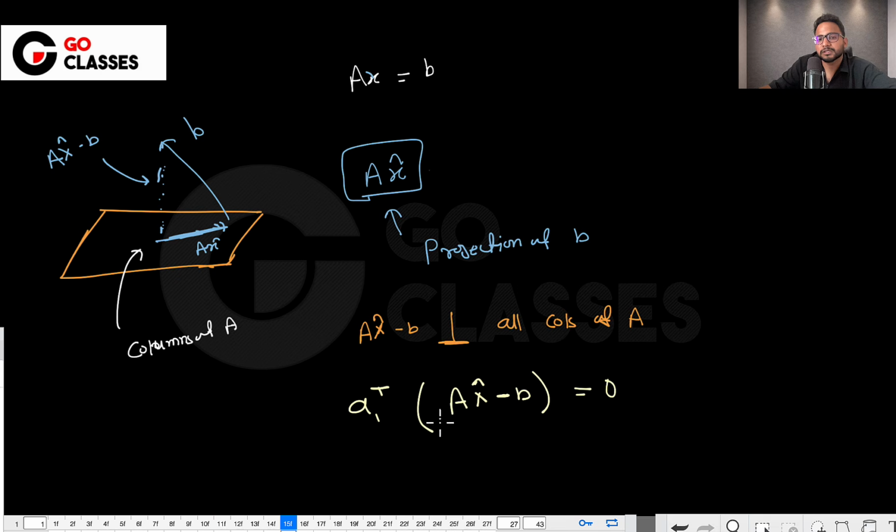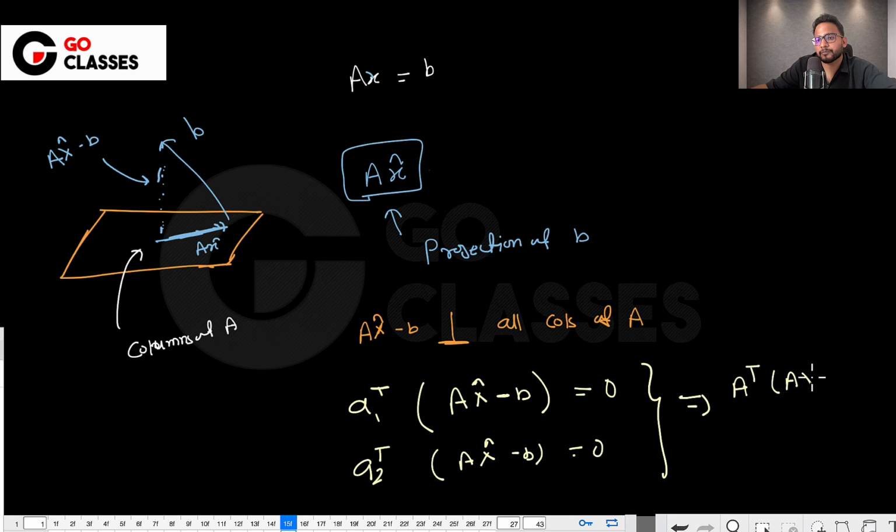Similarly A2 transpose into Ax cap minus B should be 0. If you combine everything, you can say A transpose into Ax cap minus b should be 0, where x is a small vector, not a matrix.